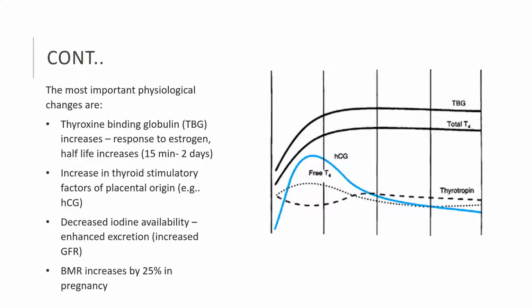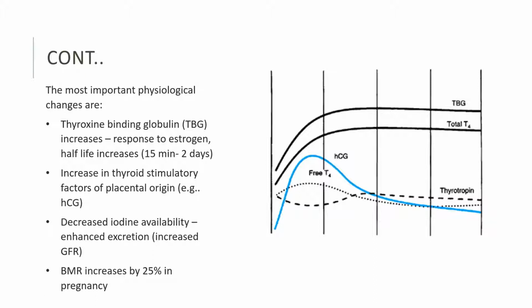And the half-life of this thyroid binding globulin is also increased from 15 minutes to nearly 2 days. There is increase in thyroid stimulatory factors of placental origin, for example, human chorionic gonadotrophin, that is the HCG, which acts like TSH on TSH receptors because of its similarity with the beta chains. The beta chains are all similar.